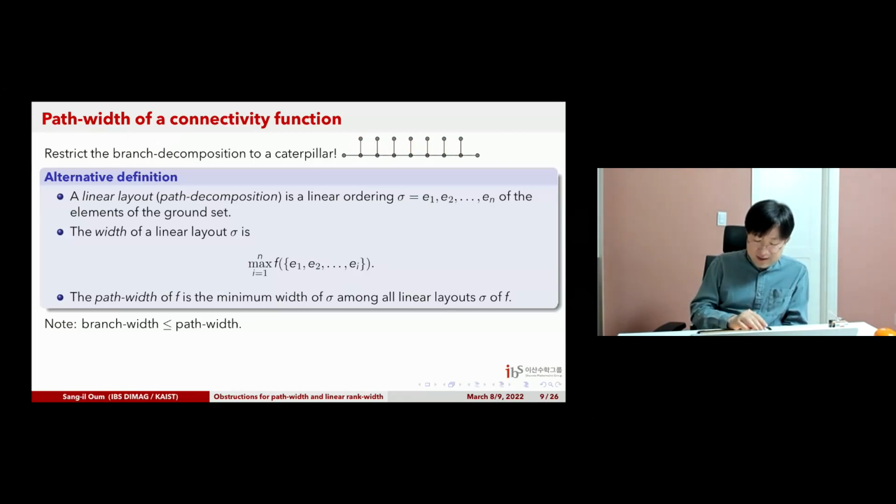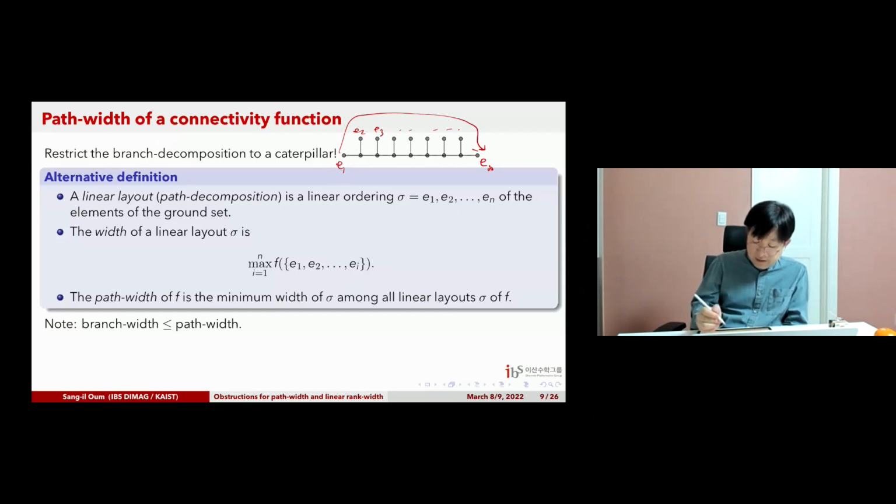Alternatively, we could consider a linear layout as a linear ordering of the elements in the ground set. In this case, this is E1, E2, E3, up to En, which defines a linear ordering.